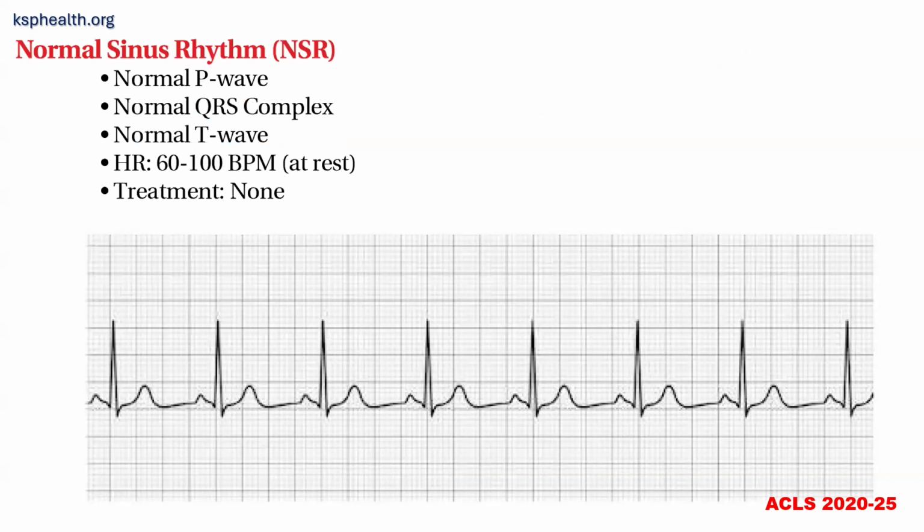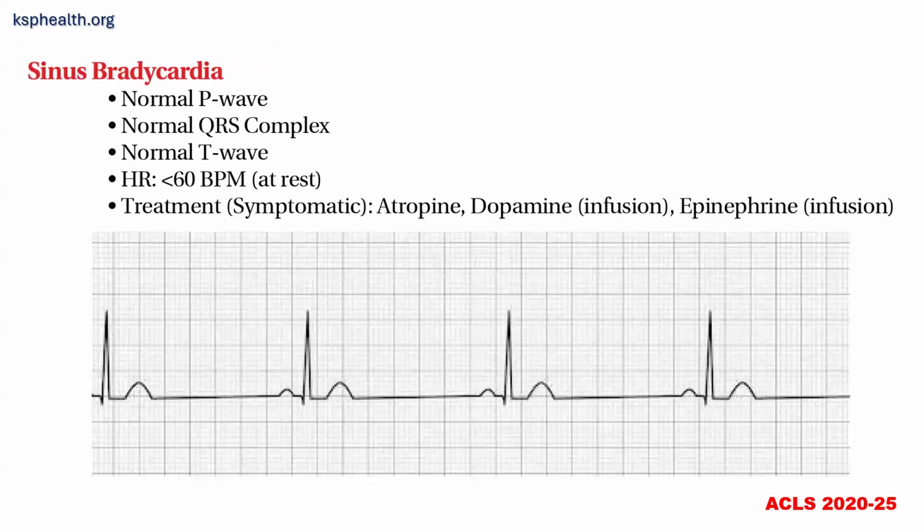Normal sinus rhythm. Normal sinus rhythm has normal P wave, normal QRS complex, normal T wave. The heart rate has to be between 60 to 100 beats per minute at rest. The treatment, no need because it is normal. Second is sinus bradycardia.